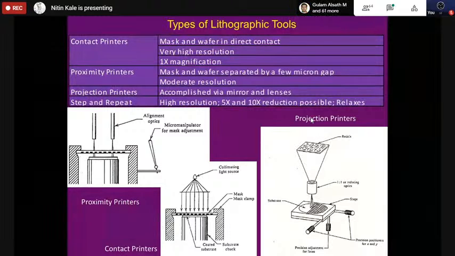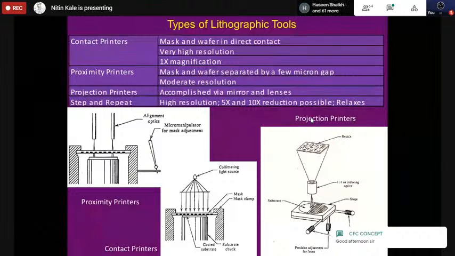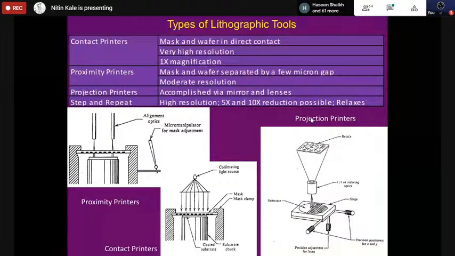So, just to have a quick recap, we were discussing lithography, which is a definition step, where we wanted to transfer a certain pattern onto the photoresist. These are some of the tools that are used for lithography.